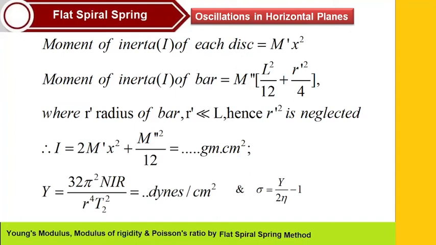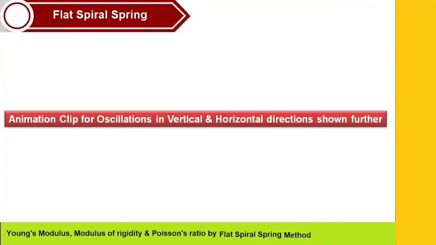So this is about the flat spiral spring experiment for determining Young's modulus, modulus of rigidity, and Poisson's ratio. Animation clip for oscillations in vertical and horizontal direction shown further.